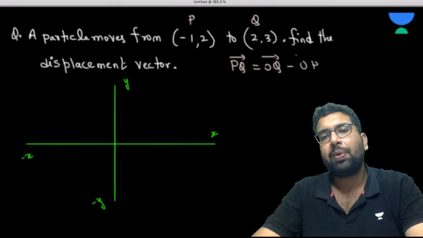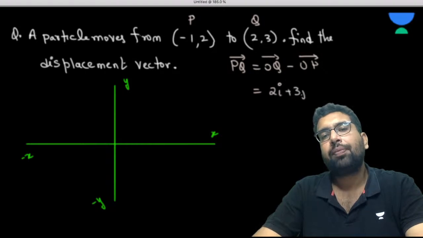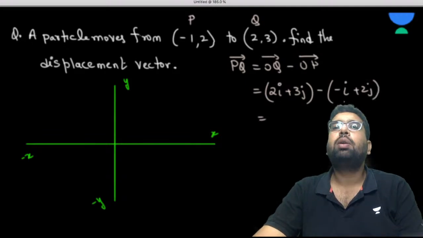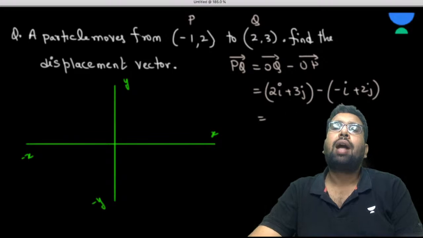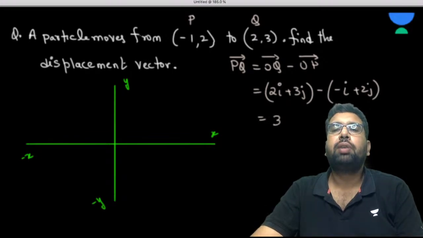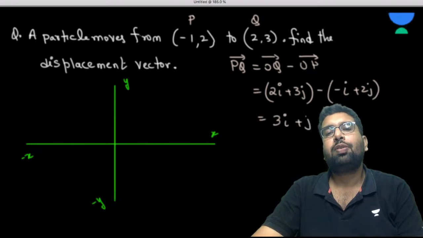OQ vector, that is the position vector, is going to be 2I plus 3J, minus OP vector, which is minus I plus 2J. If you open up the bracket, combine the I thing with I, the J thing with J. So it is going to be 3I plus J. Right away you can do that.